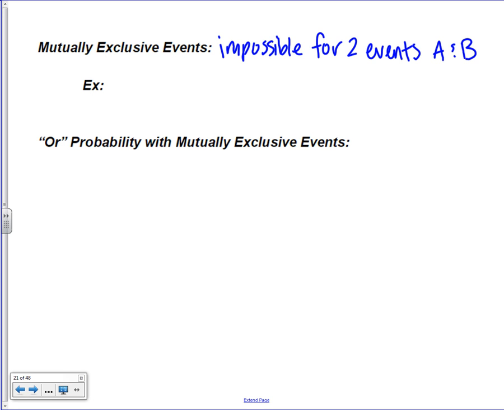All right, mutually exclusive events. If they are mutually exclusive, it is impossible for 2 events, A and B, to occur simultaneously.